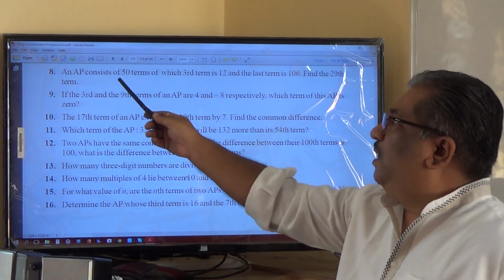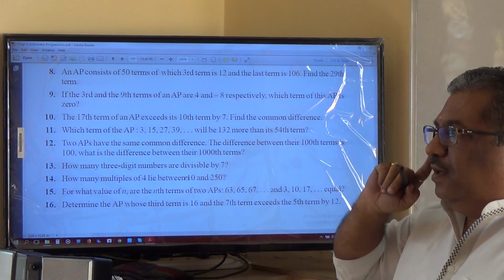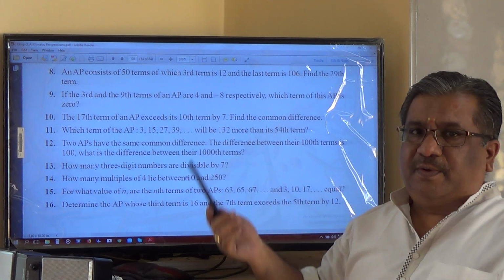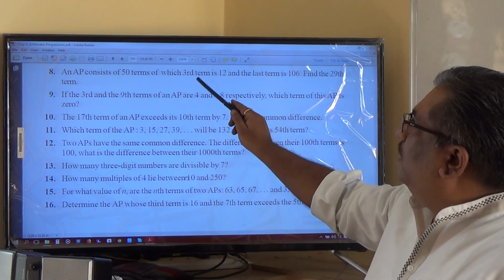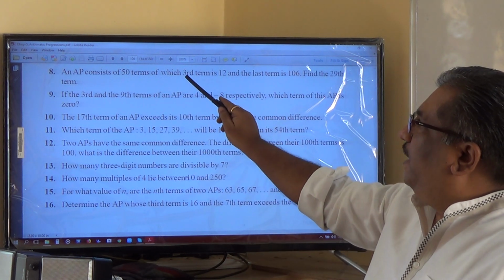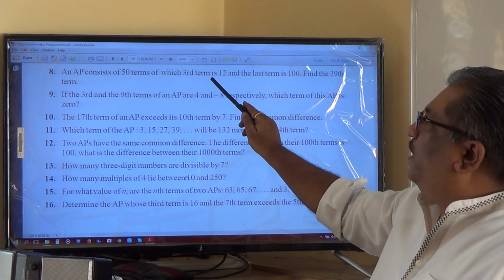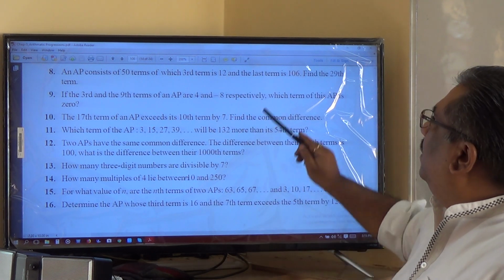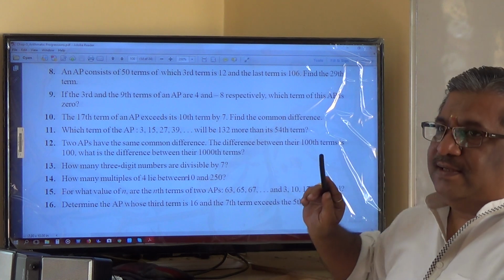Look here. AP consists of 50 terms. So n equals 50, it is given to you. Next, third term is 12. A3 is 12. A plus 2D is 12. Last term is 106.